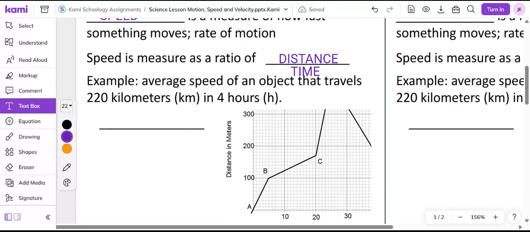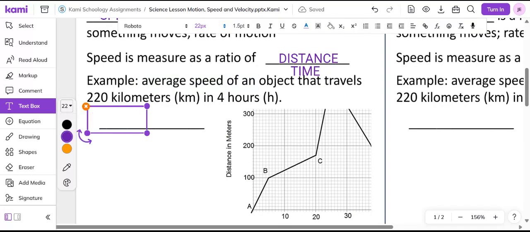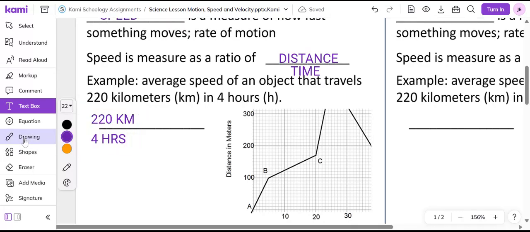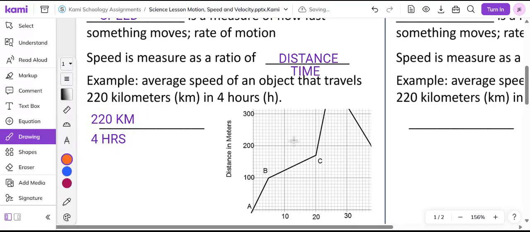All right, looking at the first example here, if we have an average speed of an object that's traveling 220 kilometers in 4 hours, the distance is 220 kilometers, and that is being compared in the ratio to 4 hours. So this is a rate, but it's also speed, a comparison where the distance is changing compared to time.